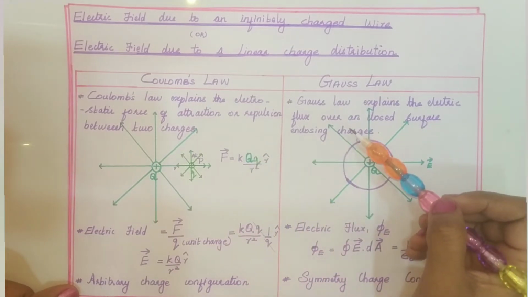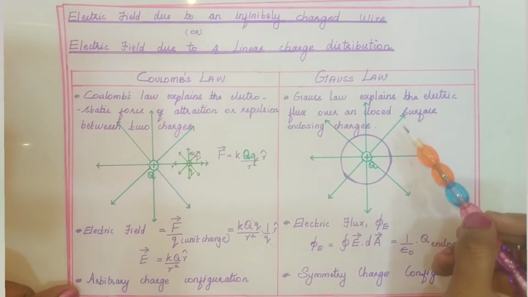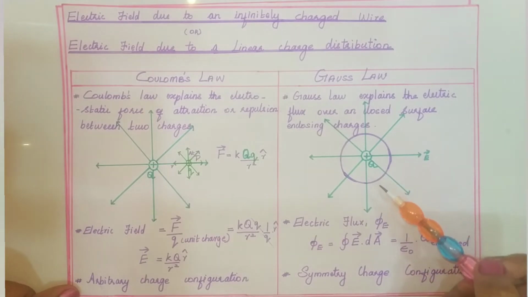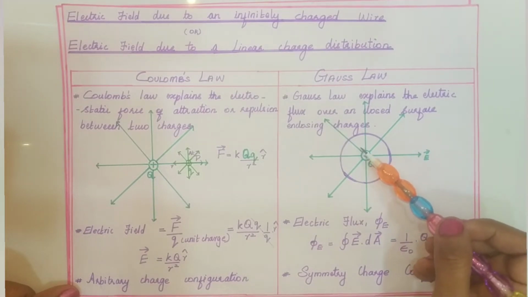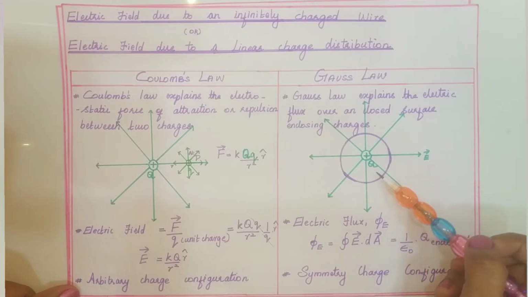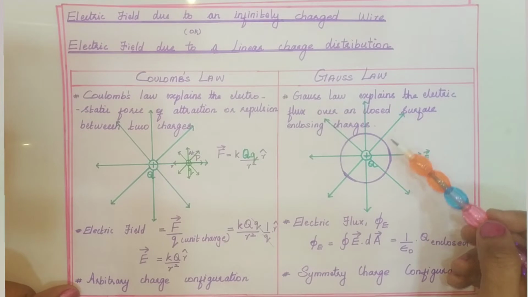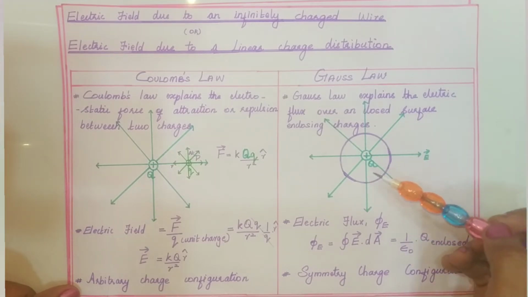Now let's see what Gauss law is. Gauss law explains the electric flux over any closed surface enclosing the charge. Isn't it? If we have a spherical surface, we can learn how many electric field lines are coming out of this spherical surface in Gauss law.